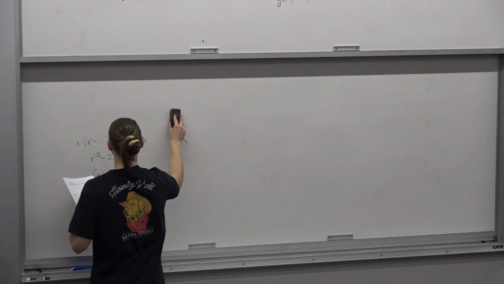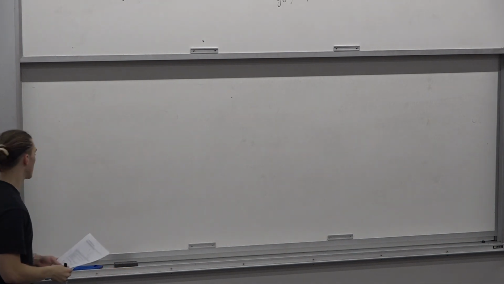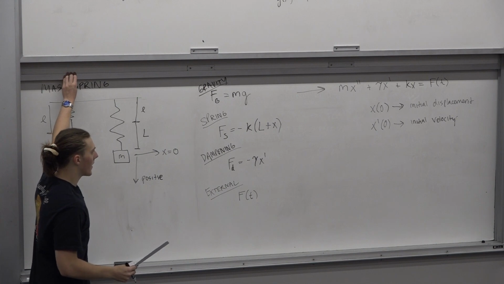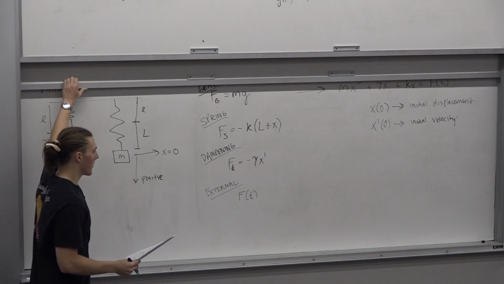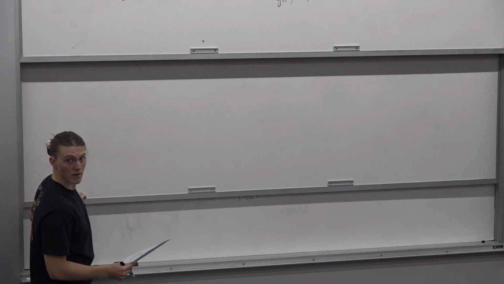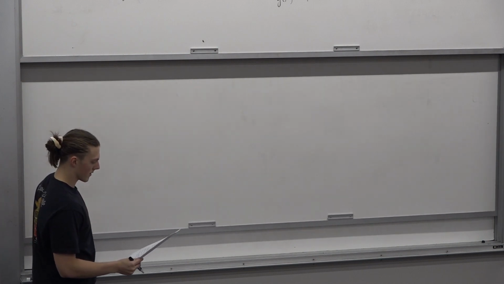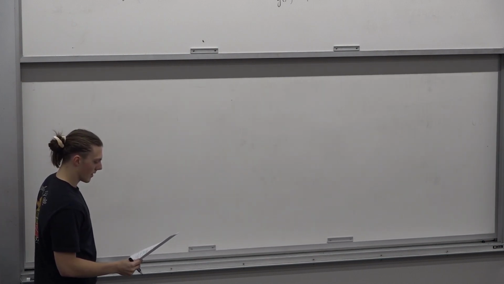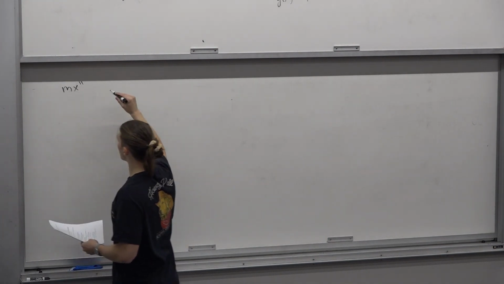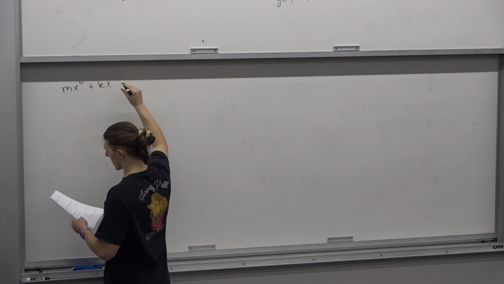And undampened means that middle coefficient, the gamma of x prime term, is not in the equation. Like I said before, we're essentially just dropping that middle term, and we're left with the following equation.